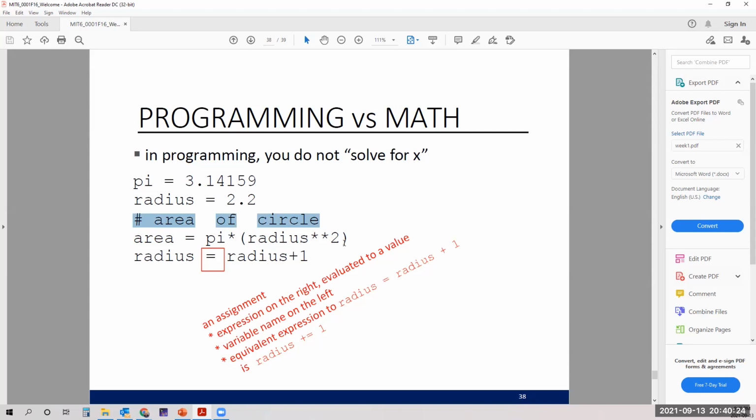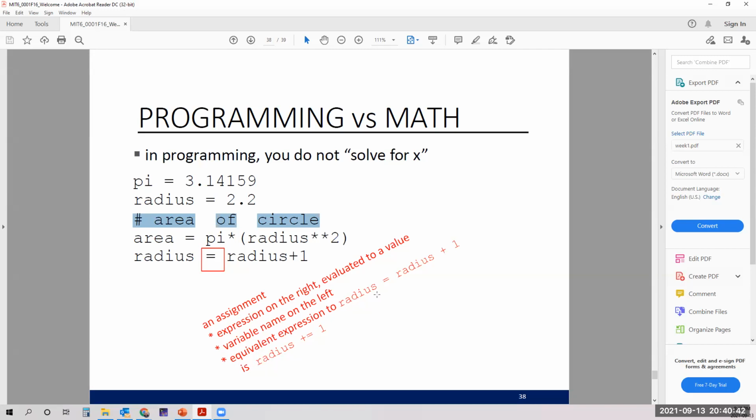Area equals pi times radius squared, radius equals radius plus 1. An assignment: the expression on the right is evaluated to a value. This is the first line. The variable name is on the left, radius, and we give it a variable value.